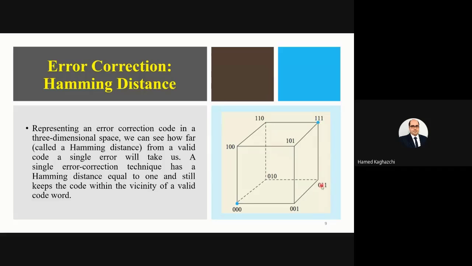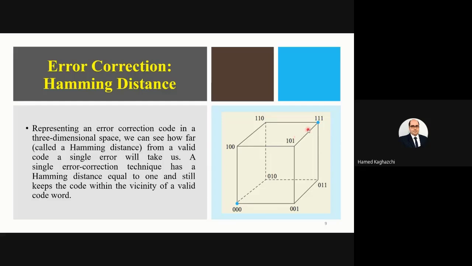Single error happened, my code 011. Now, I can say that if I have a single unit space distance from valid code, this distance is called Hamming distance.